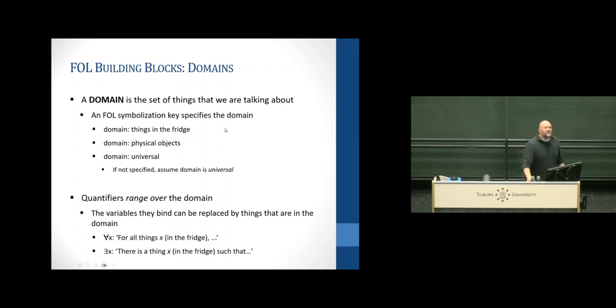An FOL symbolization key always has to specify a domain. If it doesn't specify a domain, strictly speaking, the key is incomplete. But for generosity's sake, we'll assume that if the key doesn't include a domain explicitly, it's universal.